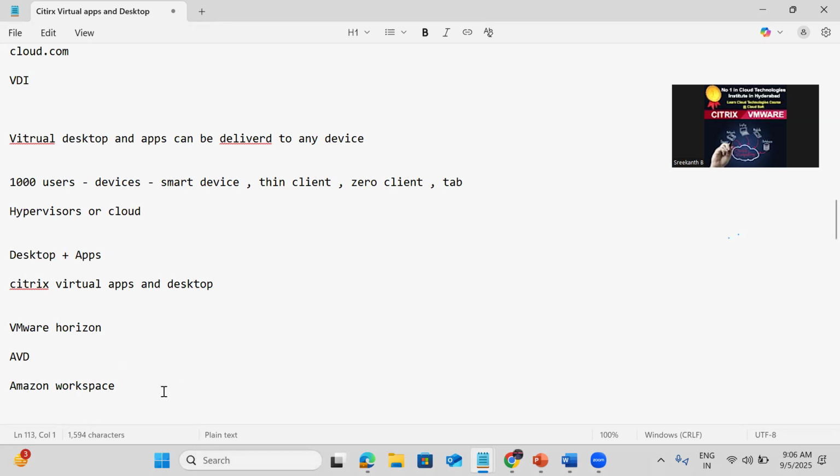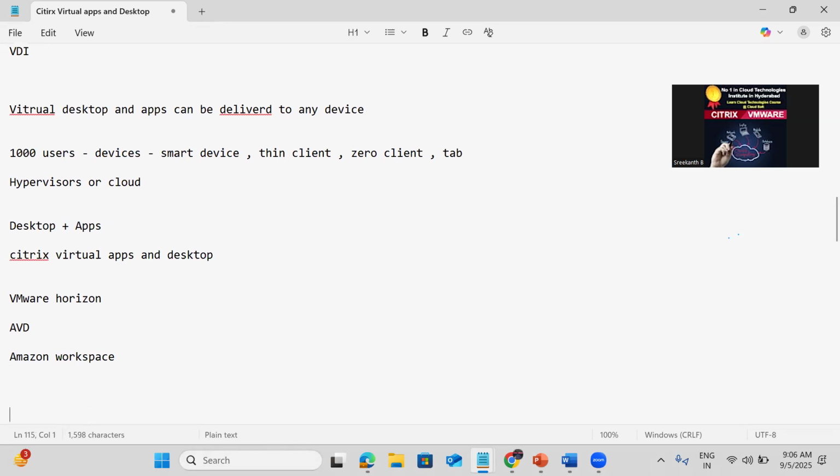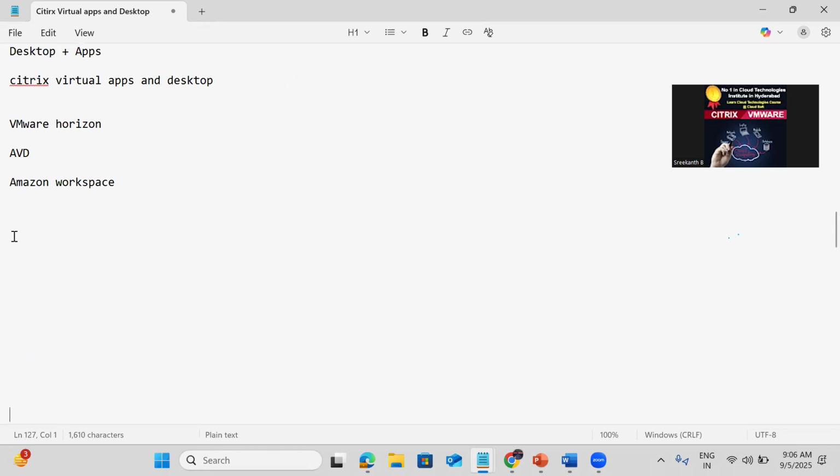Okay, so in the next sessions, first we'll start with Citrix. Here, we have the MetaFrame server, which is a very old version. Then it's the Presentation Server. Then that itself became XenApp.